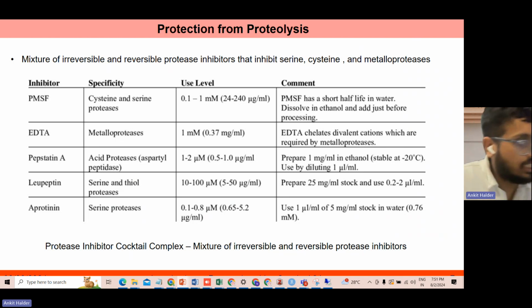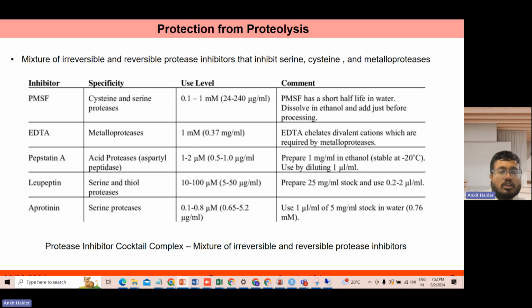So if EDTA chelates out those divalent cations, then the metalloproteases do not remain functional. I repeat, the metalloproteases do not remain functional when those divalent cations are chelated out, and then it becomes non-functional.